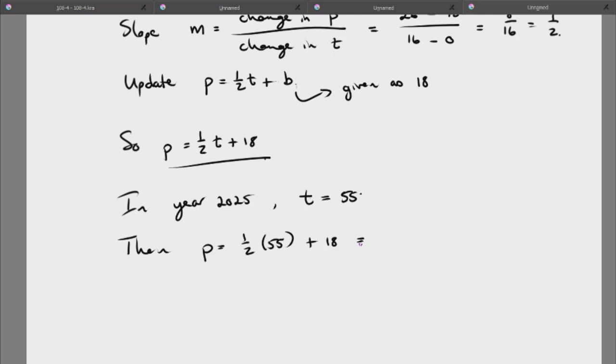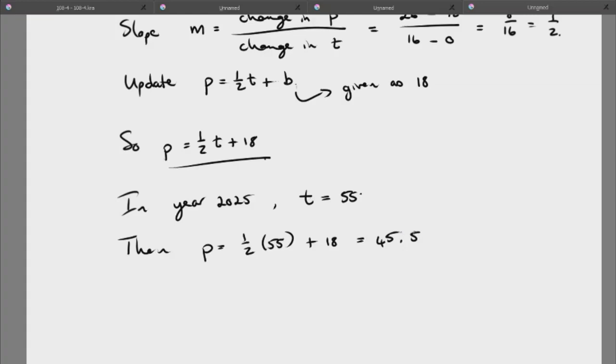Half of 55, 27.5, plus 18. What do you get? 45.5.